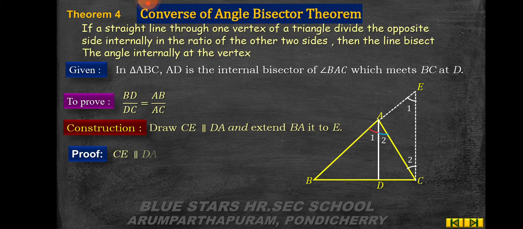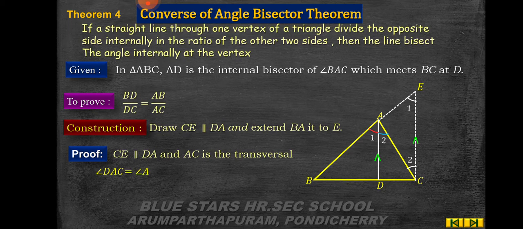Proof: CE is parallel to DA and AC is the transversal. So here AC is the transversal. We can see both lines are parallel and AC is the transversal line.